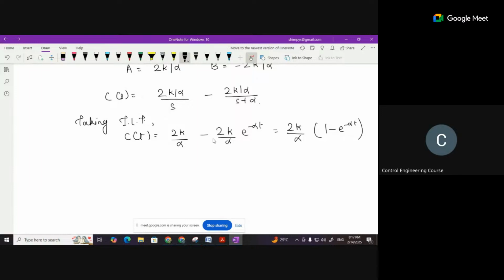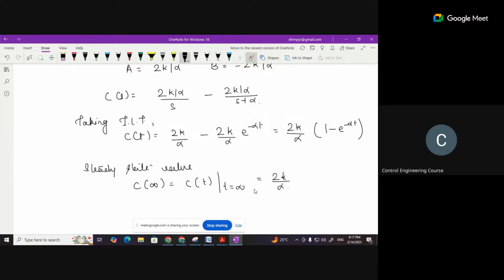This consists of two terms: this is the steady state value and this is the transient. So the steady state value of c(t), that is at infinity, becomes 2K by alpha.